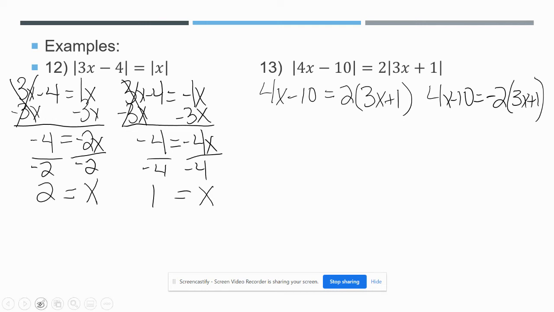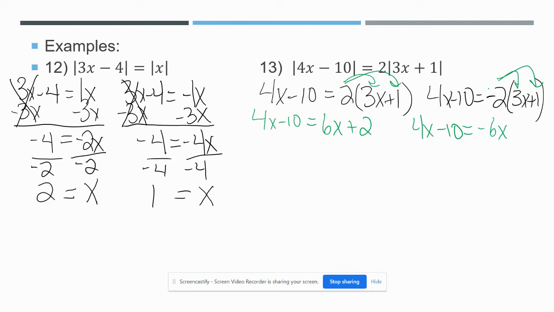It's the same process. We just have probably a little bit of extra work to do with the distributing. So I'm distributing. 4x minus 10 stays. 2 times 3x is 6x, and 2 times 1 is 2. Again, this 4x minus 10 stays. Negative 2 times 3x is negative 6x, and negative 2 times 1 is negative 2.